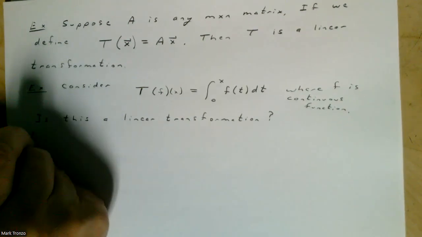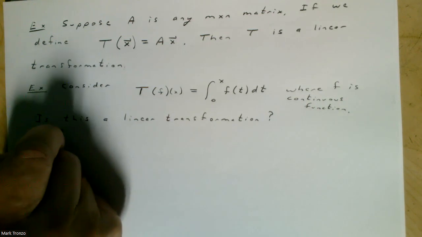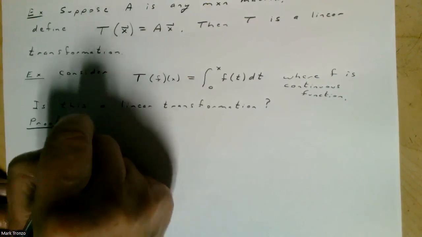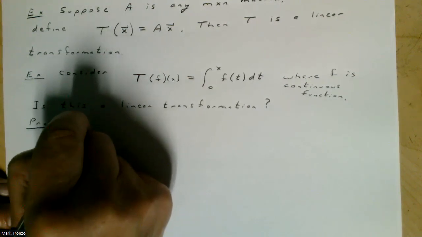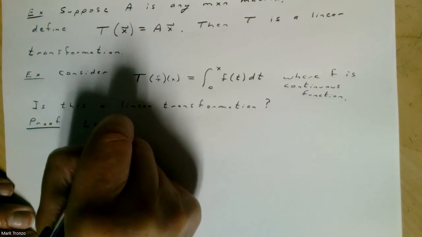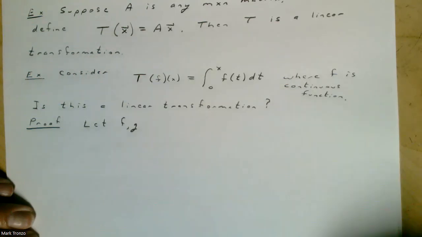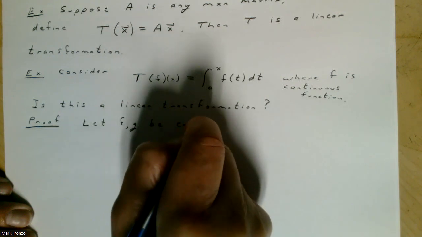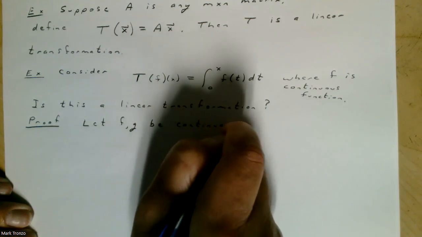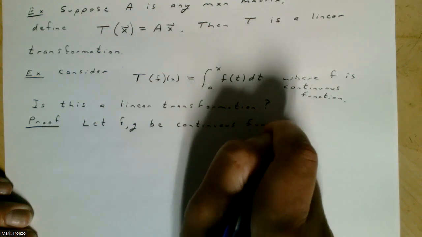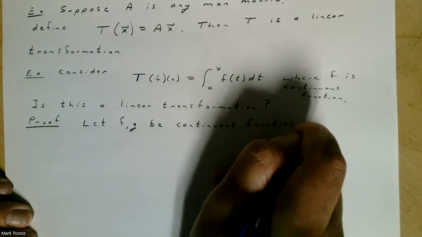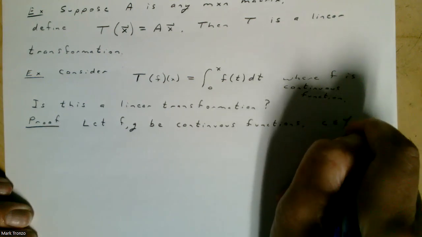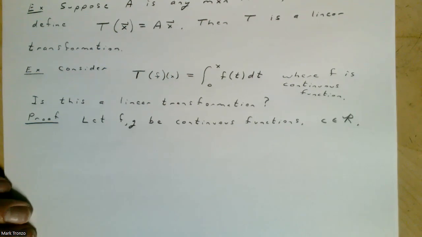And so let's see if we can prove this. Once again, we're going to do that second test. We're going to let f and g, those are going to be our vectors, be continuous functions, and c is a real number.